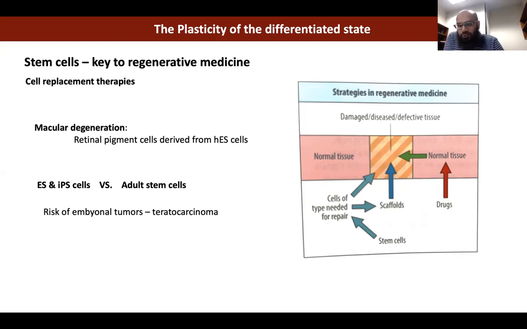They took the human embryonic stem cells and induced them into retinal pigment cells. First they grew these retinal pigment cells in the lab, and then they collected these cells and surgically implanted them into the eyes.